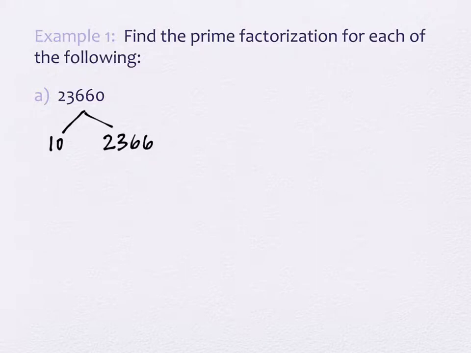Okay, and I'm going to keep dividing whatever results I have until I have primes. So for example, on the 10, I've got 2 and 5, and I'm done there because 2 and 5 are both prime numbers. I need now another number that divides 2366. 2. Okay. It's even. We know it divides by 2. So what is 2366 divided by 2?